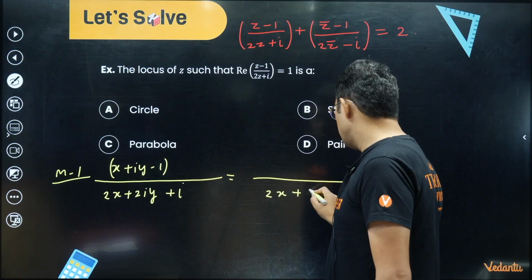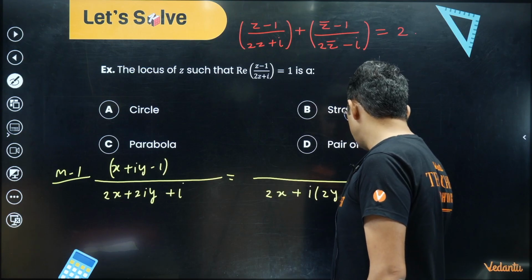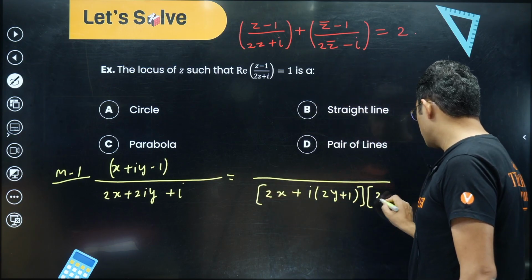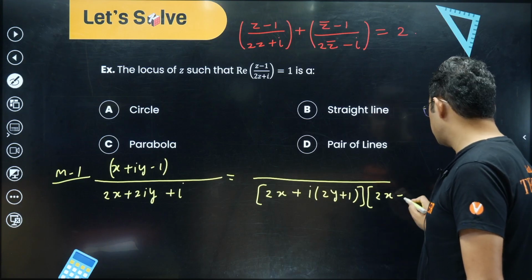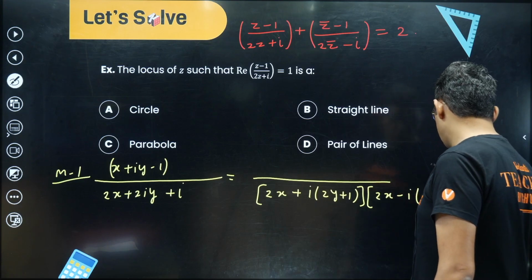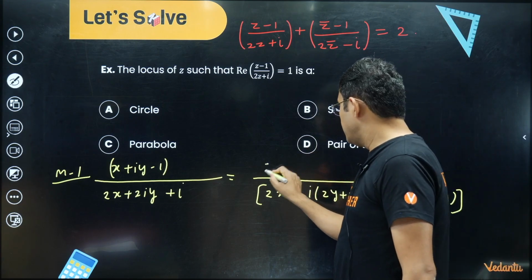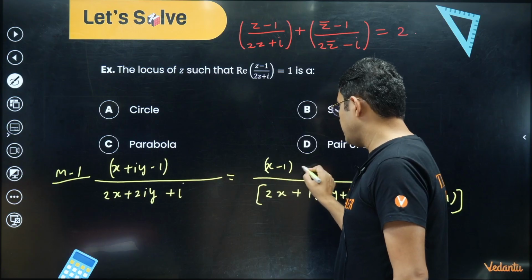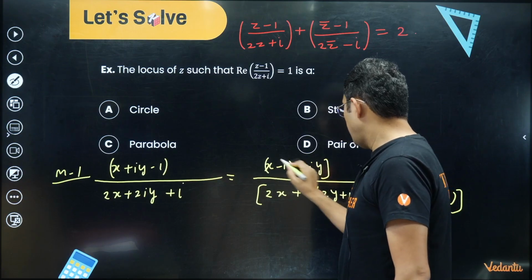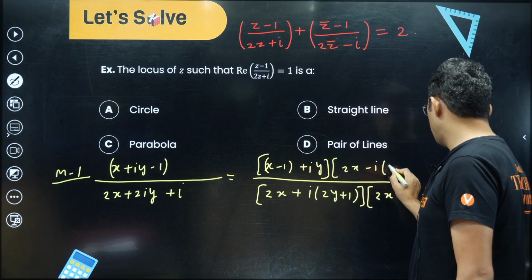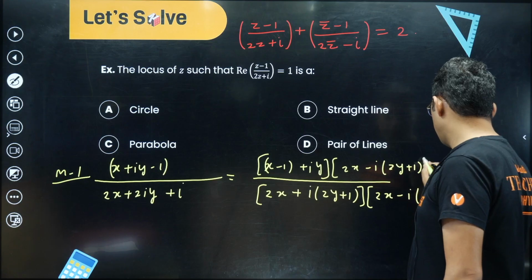So 2x plus iota into (2y plus 1) is the denominator. Multiplying by its conjugate, that means 2x minus iota into (2y plus 1). In the numerator, we will be writing x minus 1 plus iota y multiplied by 2x minus iota (2y plus 1).